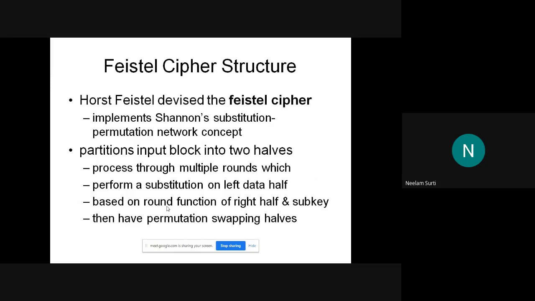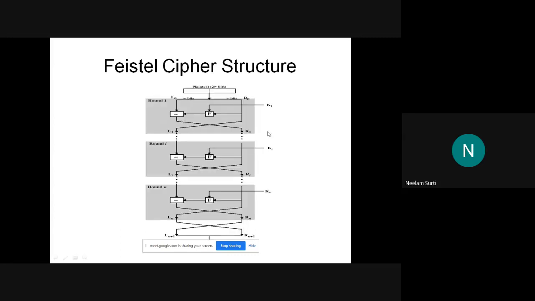Now see the Feistel structure, which Horst Feistel designed. How is it working? As per Shannon's principle of the SP network, see this properly. The Feistel structure always divides the plain text into two halves.